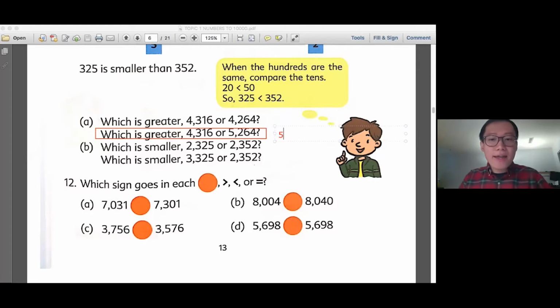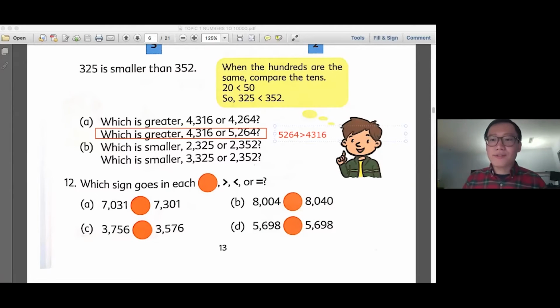We say 5,264 is bigger than 4,316, because we compare the first digit: 4 is smaller than 5. So we know right away the number 4,316 is less than 5,264. Very good.